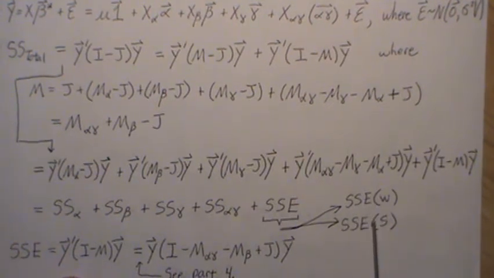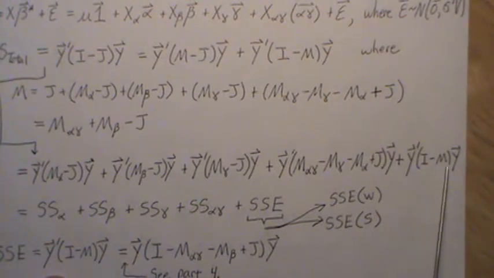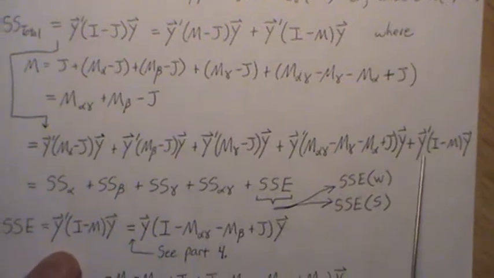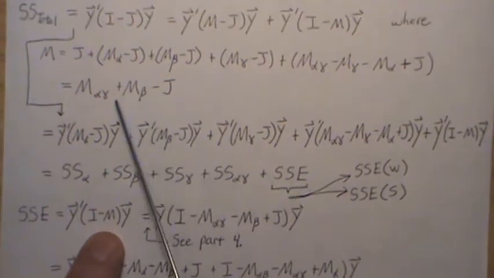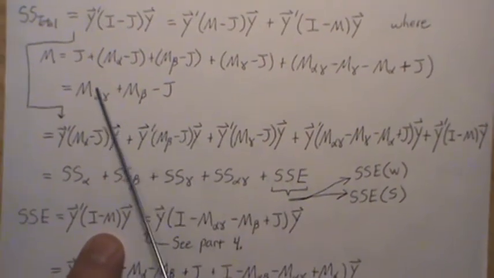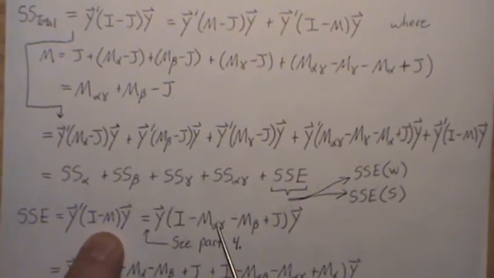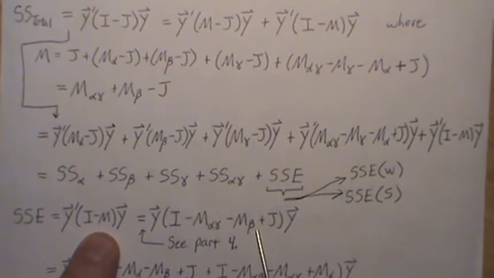So what we do is we take the sum of squares error, so I minus M, and we'll just bring it down here. Now we put in M, remember, which is this. We're going to work with this one and put it in, right?